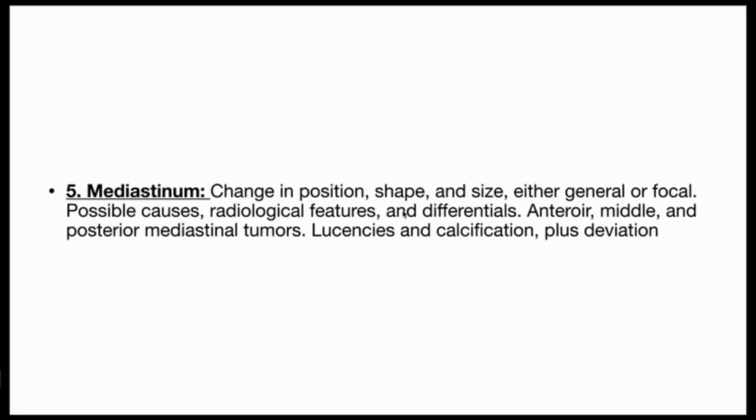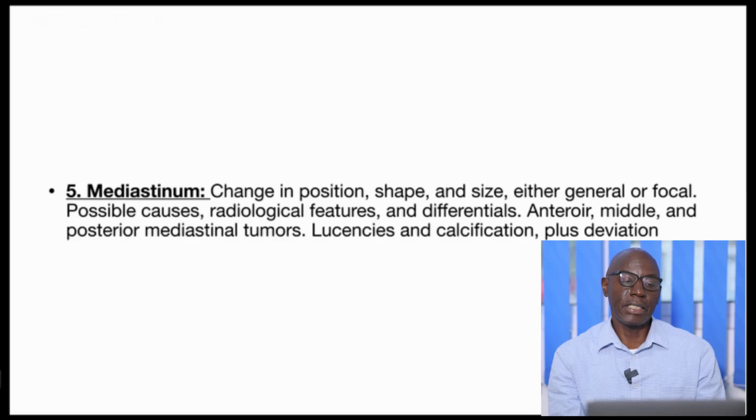Like I said, we come from up there, and we say what have we recorded already. Then we start from the wall, look at the wall, look at the pleura, look at the hemidiaphragm. Next, you want to look at the mediastinum before you go to the lungs.